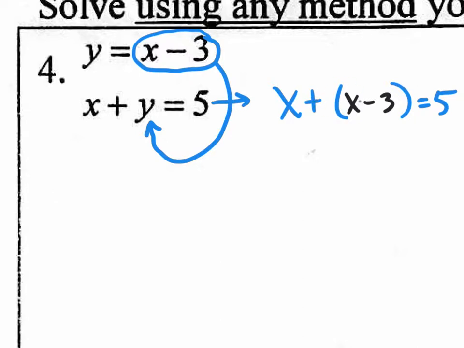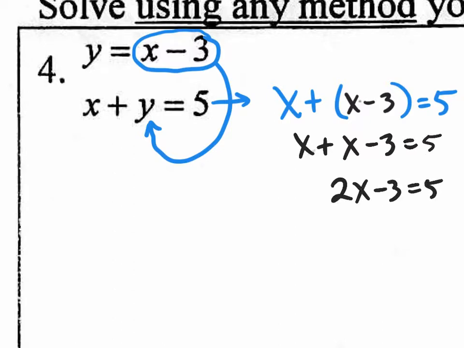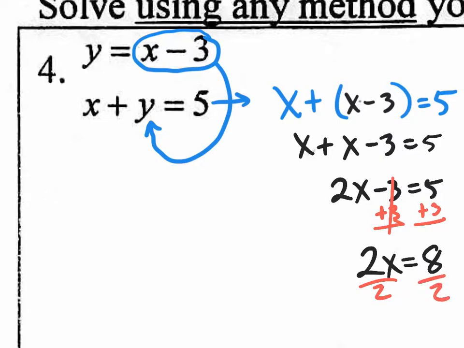If you distribute a plus sign, nothing changes. So in reality, we don't need those parentheses. X plus x minus 3 equals 5. So that's really 2x minus 3 equals 5. I need to get rid of that minus 3 by going plus 3 to both sides. I will have 2x equals 8. Final step will be to divide by 2, divide by 2.